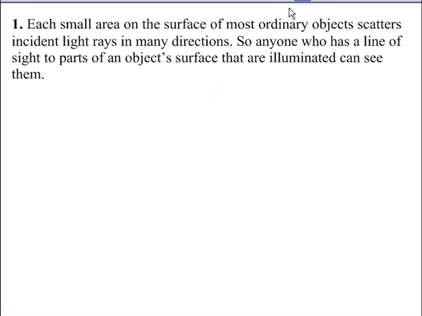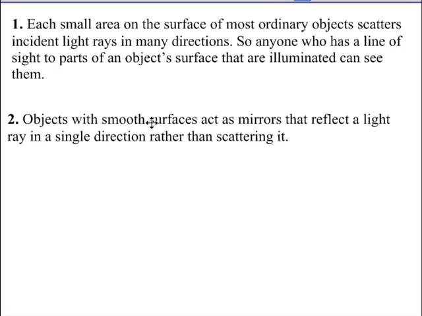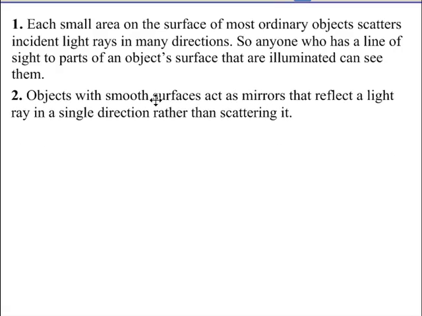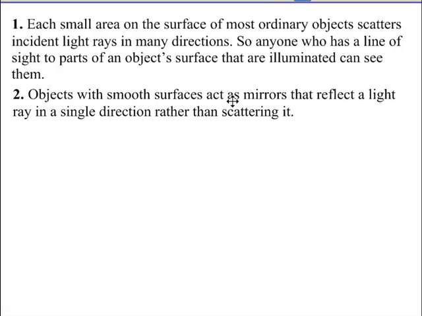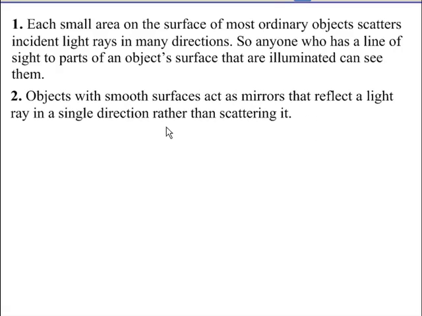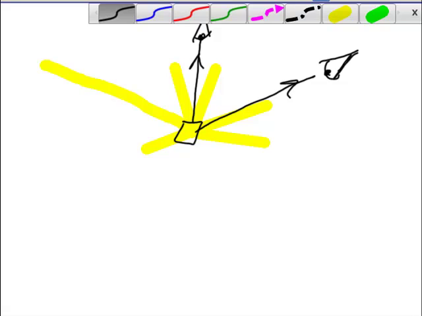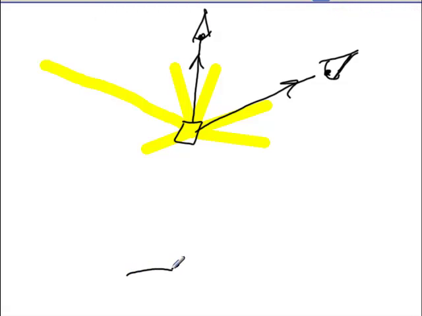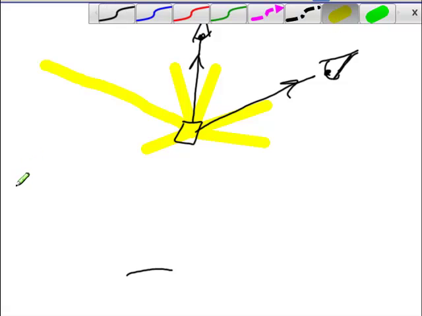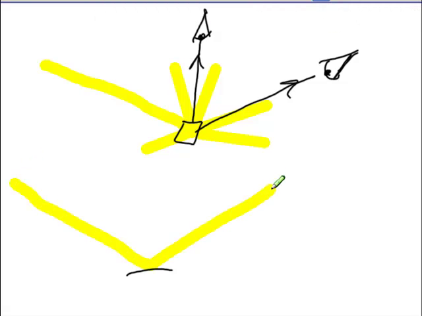Second, objects with very smooth surfaces, like polished metal, can act as mirrors and reflect a light ray in a single direction rather than scattering it. In other words, if instead of having a piece of paper there, I had a mirror, then the light would just come in and scatter off at a single direction.